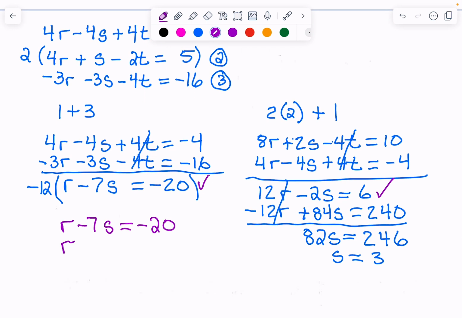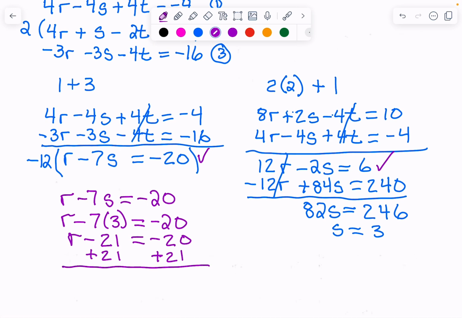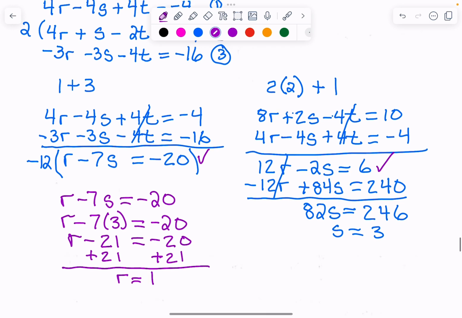So I have r minus 7 times 3 is equal to -20. Okay, so r minus 21 is equal to negative 20. When I add 21 to both sides, I get r is equal to 1. All right, so r is equal to 1.